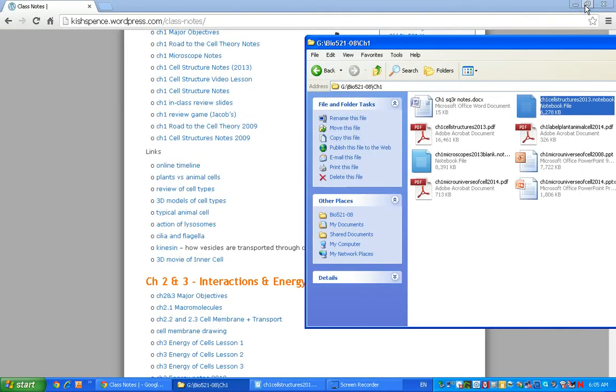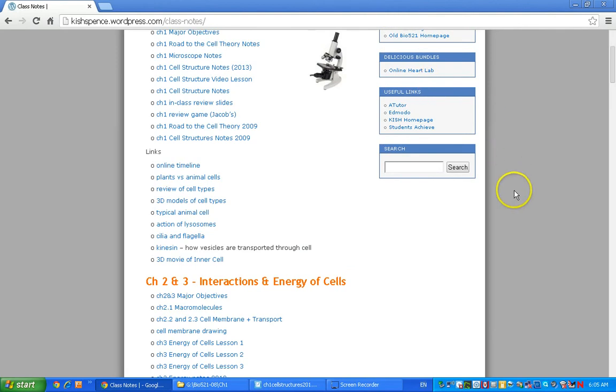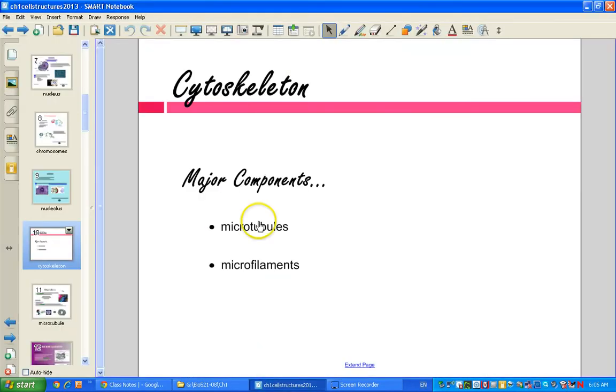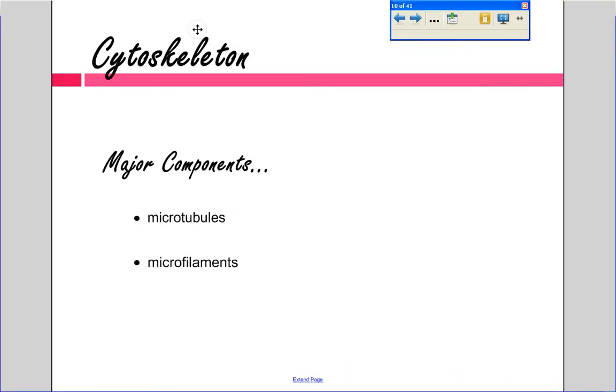It's a few minutes long, so I'm not going to put it right into this video, but we'll probably watch it in class, and you can watch it on your own. So the 3D movie of the inner cell, it's kind of cool because you can get a real feeling for what the cell parts look like in a real cell. And you'll see the kinesin carrying the vesicle along the microtubule highway inside it.